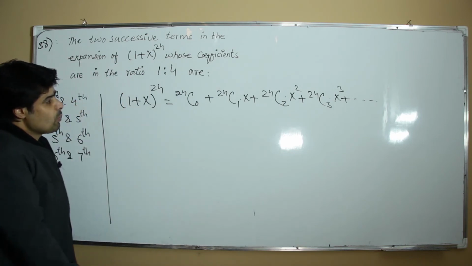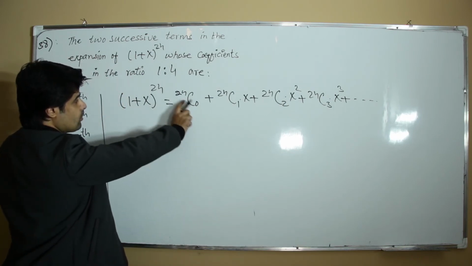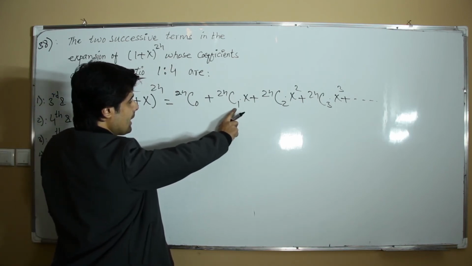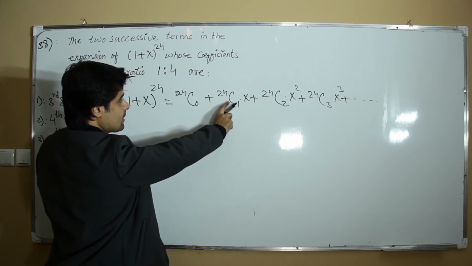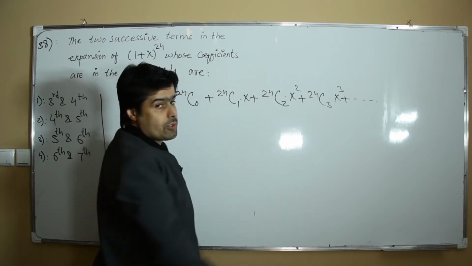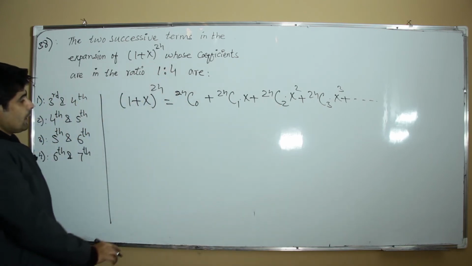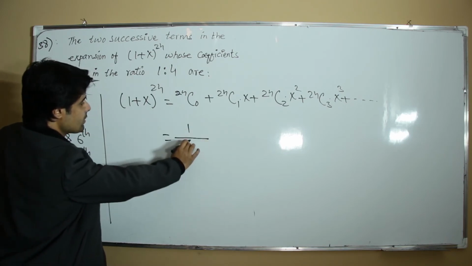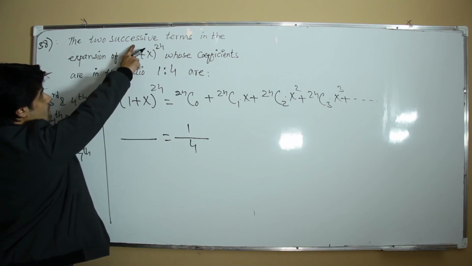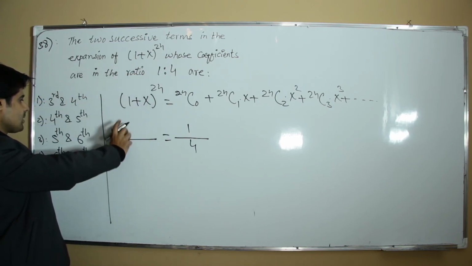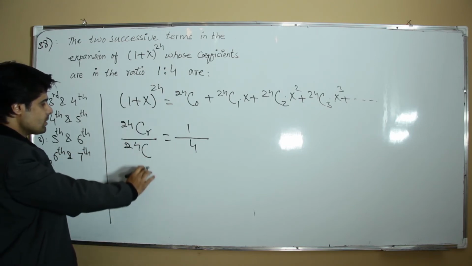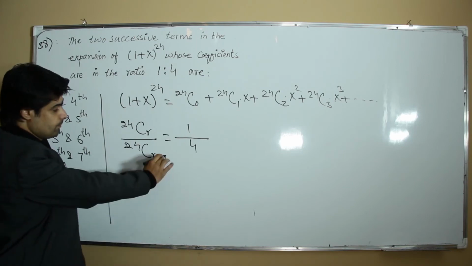Now if you want to talk about the first term, 24c0, second term 24c1, there is no other coefficient instead of this combination. There is no other coefficient instead of 24c3. So if the coefficients are in ratio 1 divided by 4 and the terms are successive, it means the first term will be 24Cr and the next one would be 24C(r plus 1).